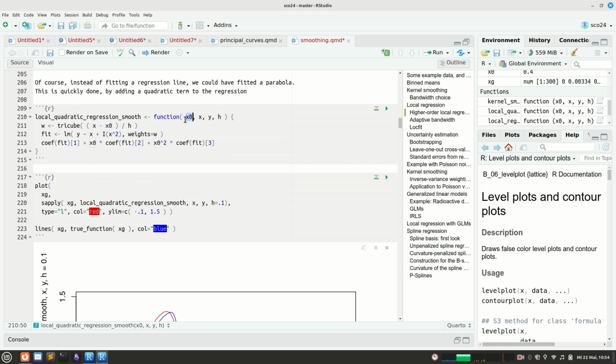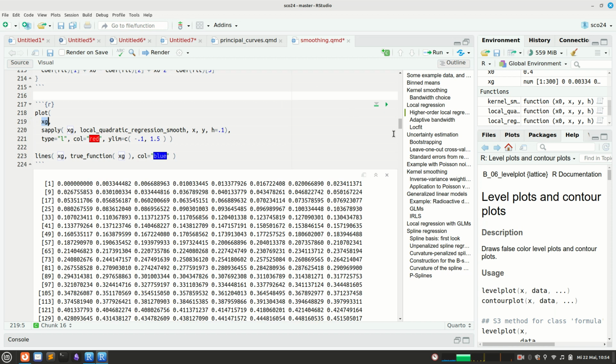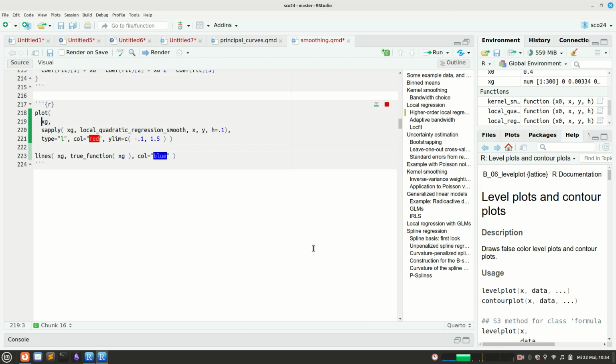For a given point x0, I calculate the weights with my tricube, then I calculate the fit by fitting y not only on x but also on x squared, and then I get three coefficients, an intercept, a slope, and the prefactor for the quadratic term, and I can calculate the fitted value for that. And now I go through all my gradual x0 values and get this thing here.